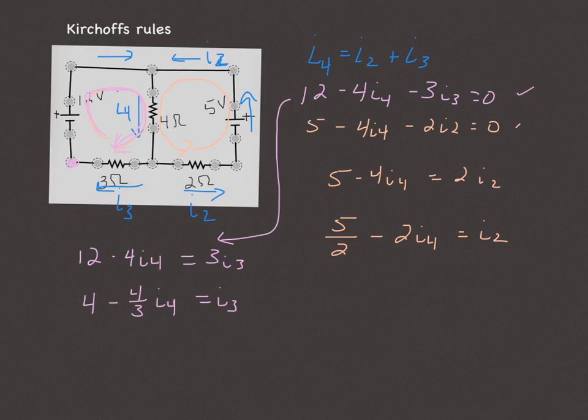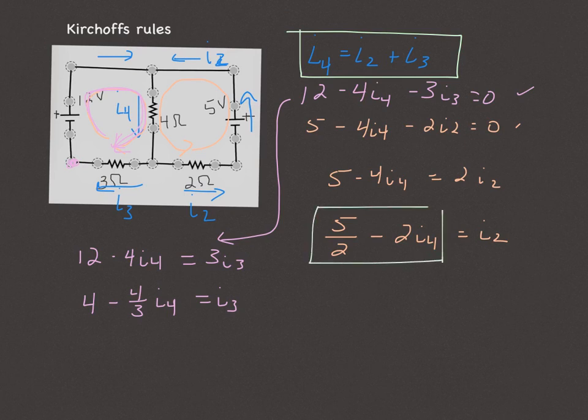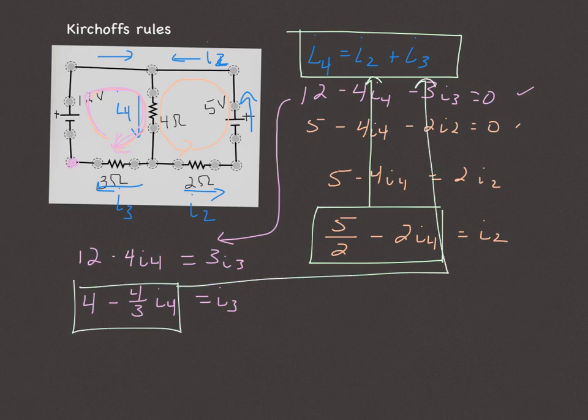Now what I have is values to plug back into my junction rule. So I'm going to take this and put it there. And I'm going to take this and put it there.